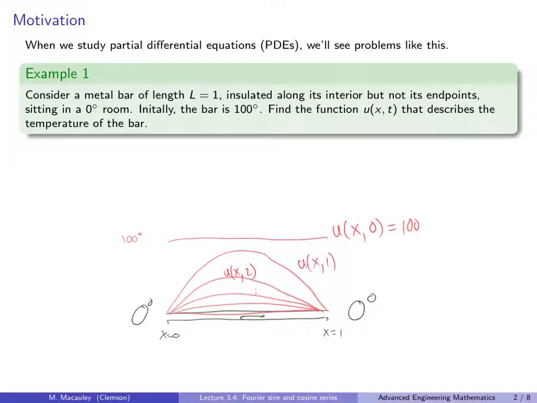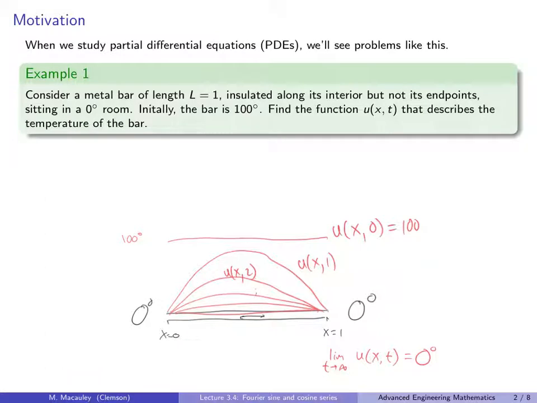And clearly, the limit as t goes to infinity of the temperature of the bar, now it's no longer a function of t, is going to be a constant 0 degrees. So that's the kind of word problem that we're going to deal with, and we are going to need Fourier series for this.